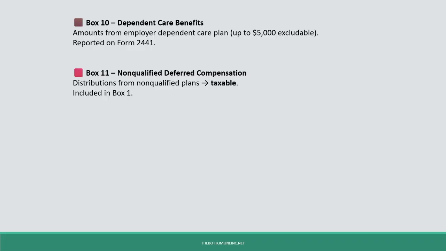Now you have to report on Form 2441, and we'll get into child care. You have to pay child care of at least the $5,000, the amount you had deferred. If not, it becomes taxable. So on the Form 2441, we're proving, yes, our employer deferred $5,000 and put it into child care expenses, and yes, we did spend it on child care.